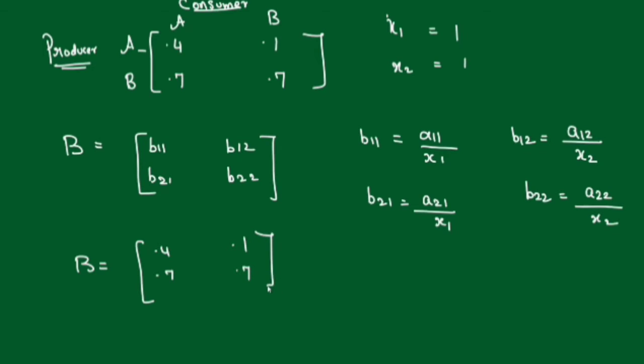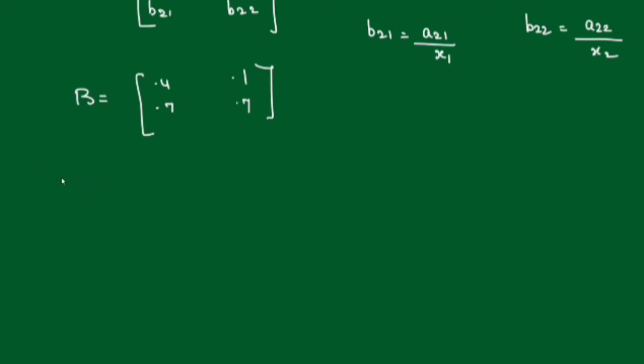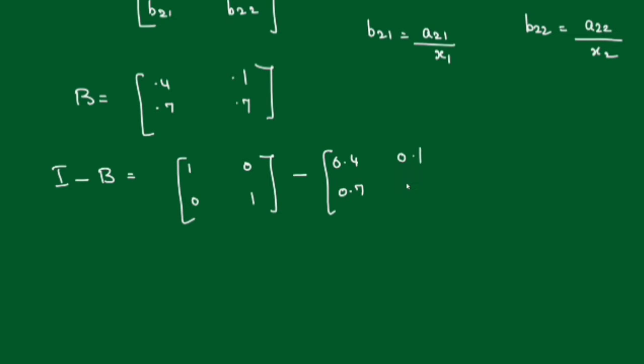What is the next step? After finding the technology matrix, you have to find I minus B. I is the identity matrix, 1, 0, 0, 1 minus 0.4, 0.1, 0.7, 0.7.